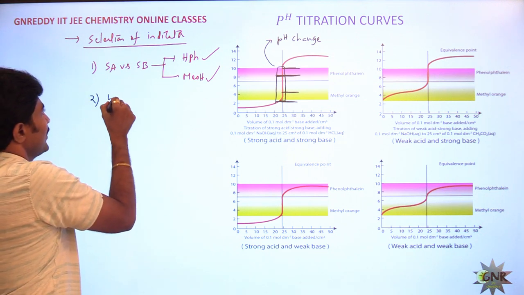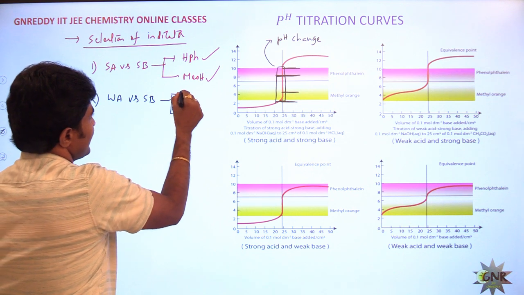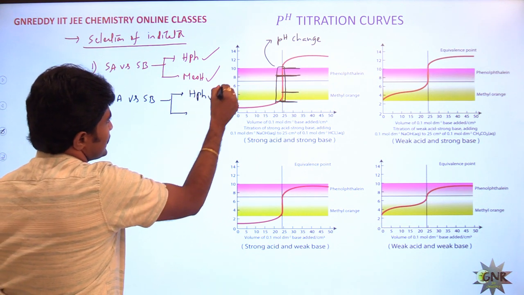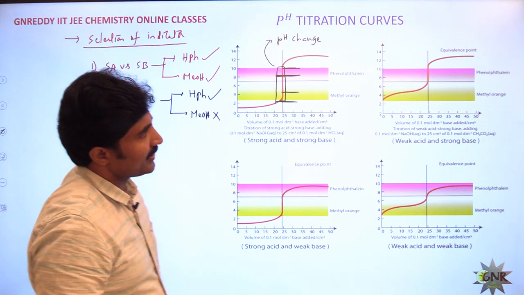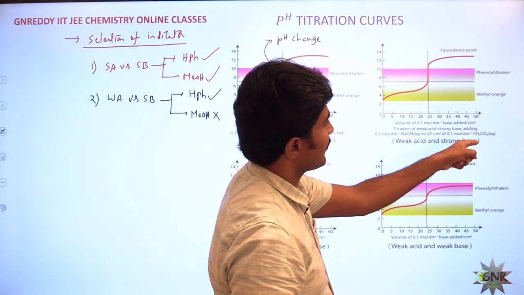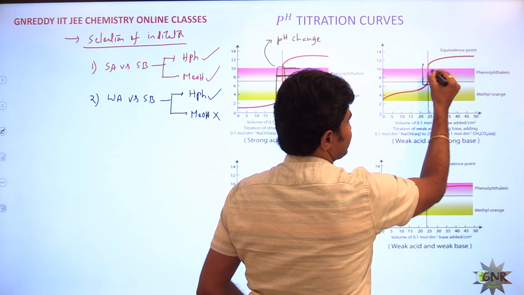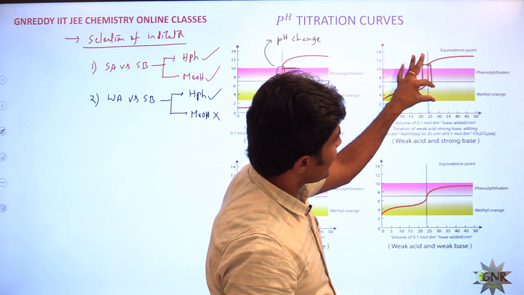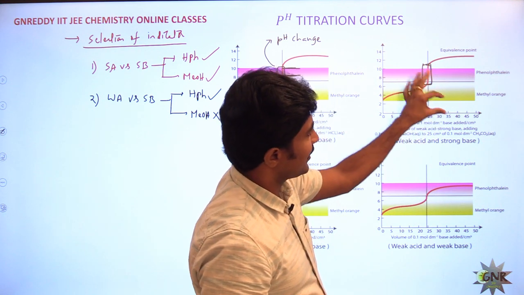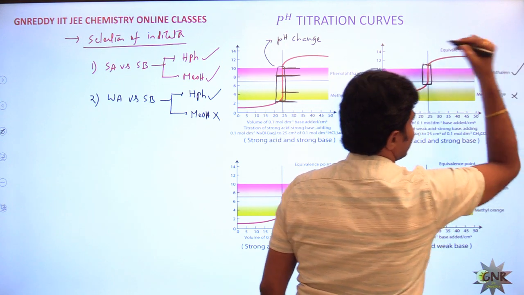Suppose we take weak acid versus strong base. In this case phenolphthalein indicator is useful but not methyl orange indicator. If you look at this, this is a weak acid and strong base titration, and this is the pH change. The methyl orange zone is here only, therefore you can't use methyl orange; we have to use only phenolphthalein.